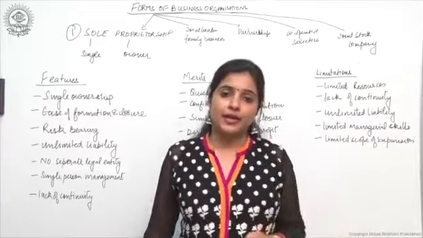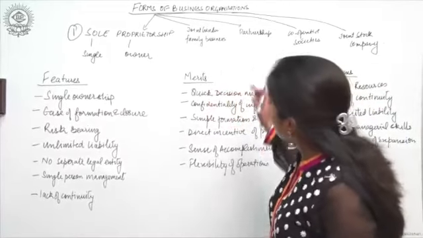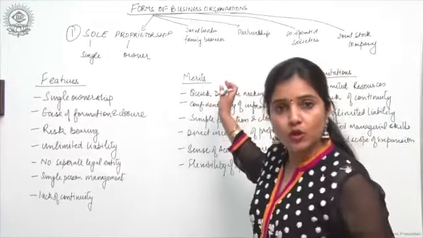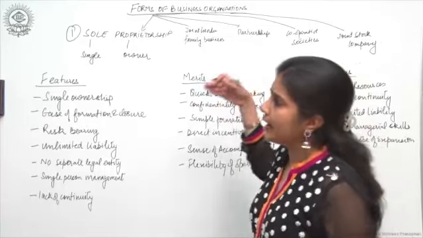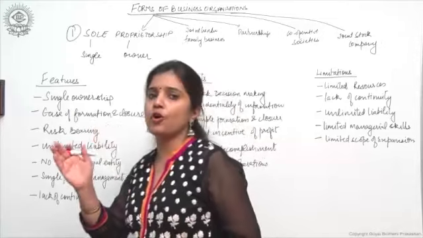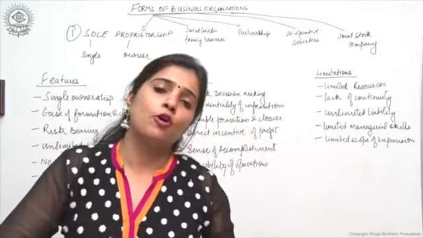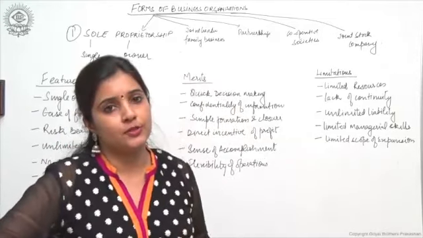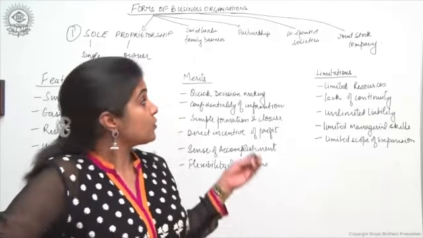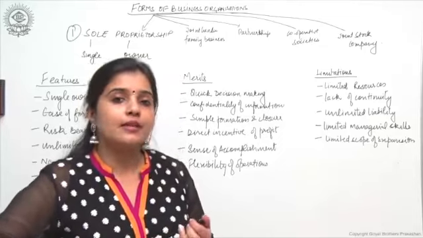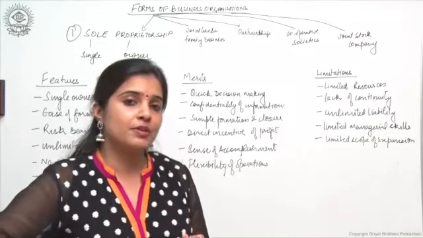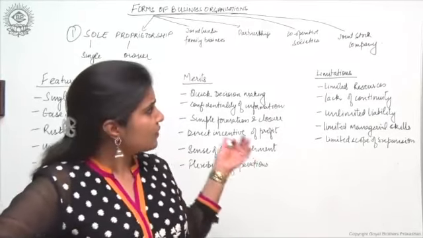So a proprietor has to weigh the pros and cons of each and every form of organization and decide on one form which is best suited for the business that he is going to enter into. Right? The choice of the form of organization depends upon a lot of factors, that is the size of the business, the nature of the business, right?